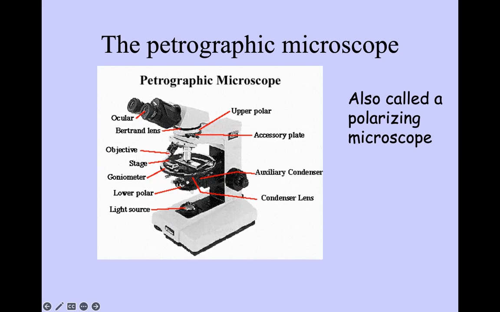So light is coming from the source and passes through the polarizer, and then it enters the stage. Stage is here. This round surface is the stage, and on top of the stage you have the sample here. So this is the sample. The rock sample is here, or the mineral sample is here. You can see some rectangular whitish material.